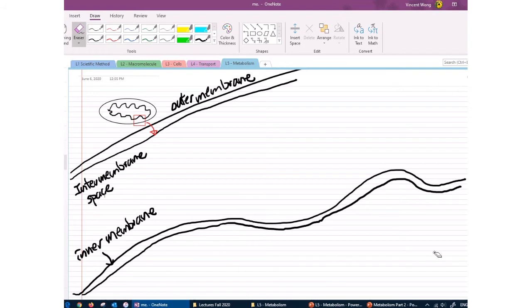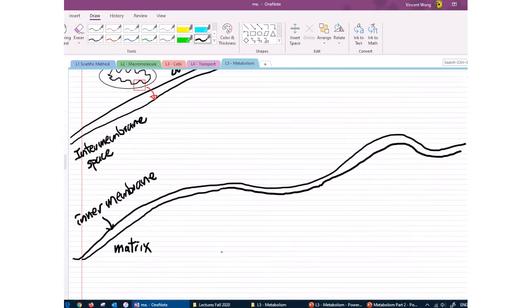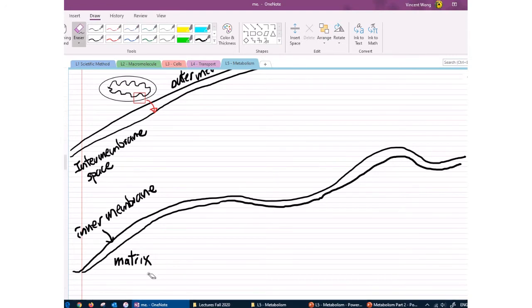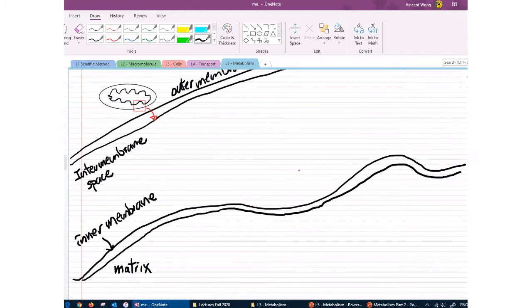And the fluid that's inside the inner membrane, that is going to be the matrix. Okay, so the matrix is where the pyruvate oxidation occurred, and also where the Krebs cycle occurred. Right. So now we're going to add some electron transport chain over here.